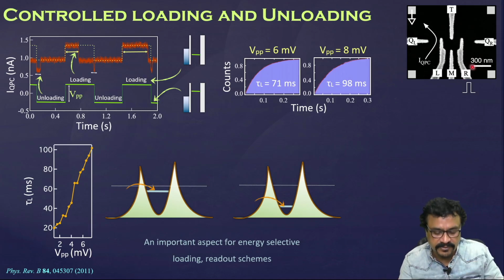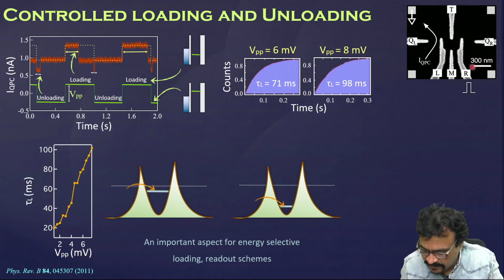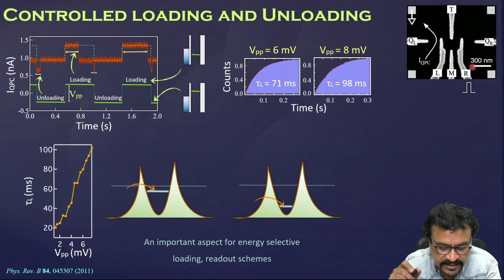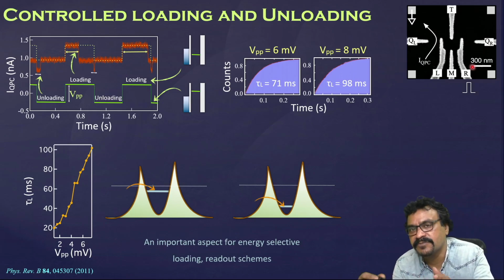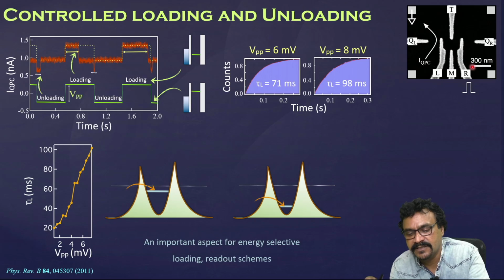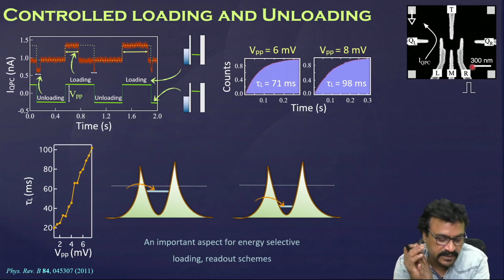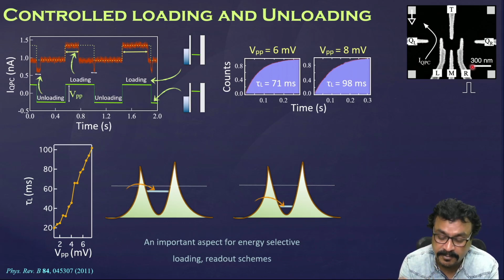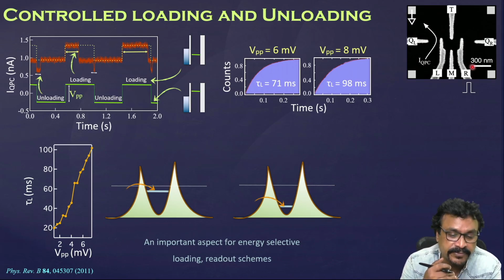So, this is a very important point, which says these systems are in accord with the DiVincenzo criteria, where you can individually address the states and you can individually manipulate the states of the dot.